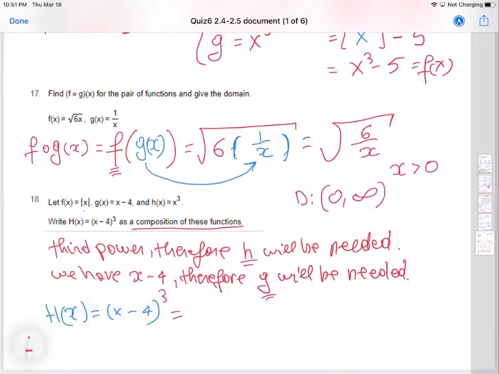So if I keep the place value for h, we have inputted into it x minus 4, which is g.